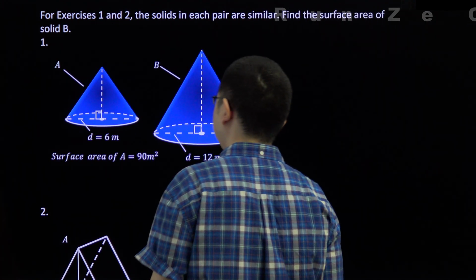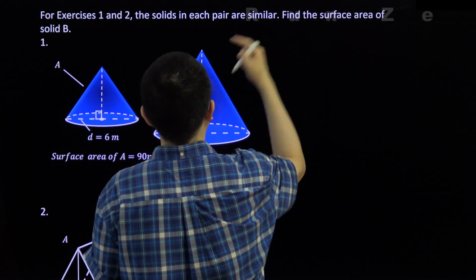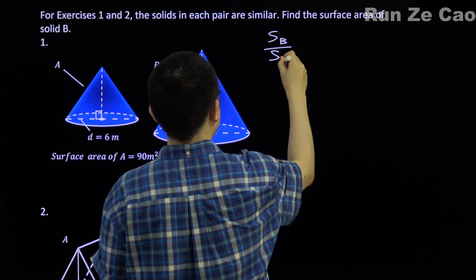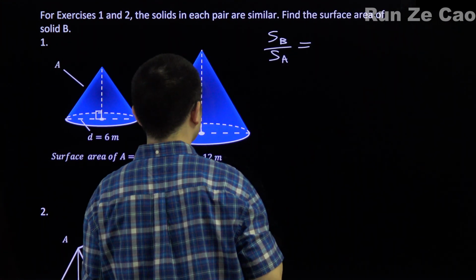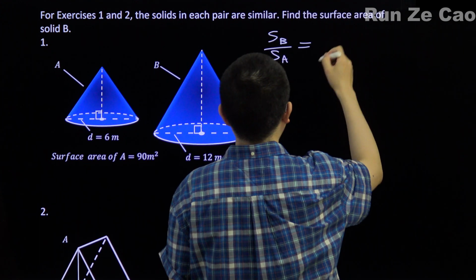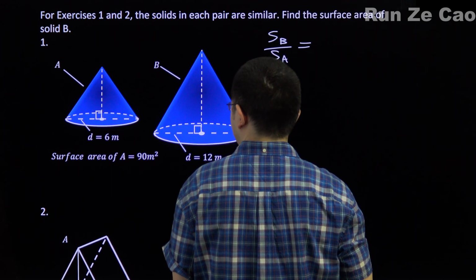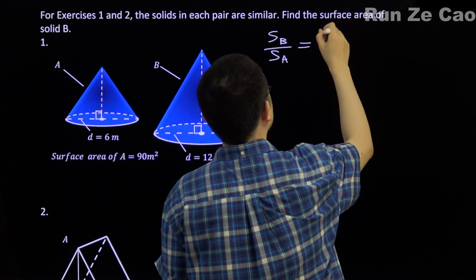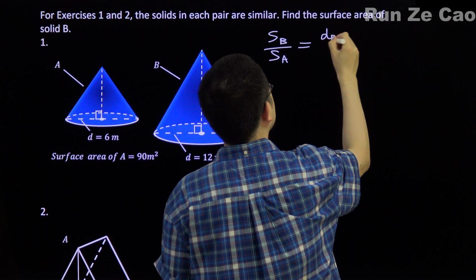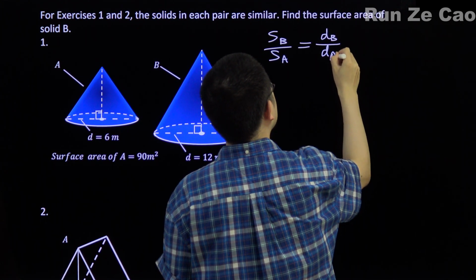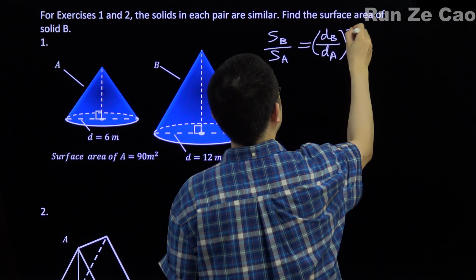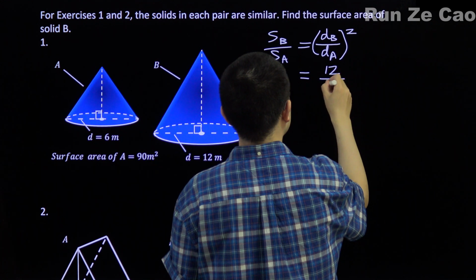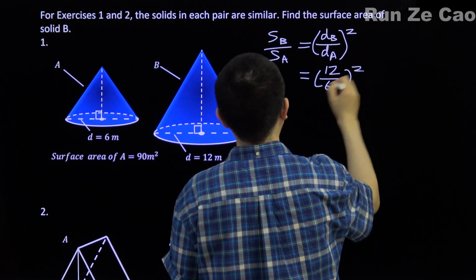So, SB over SA is equal to the length of B to length of A squared. So D of B over D of A in this case squared. That's going to be 12 over 6 squared.